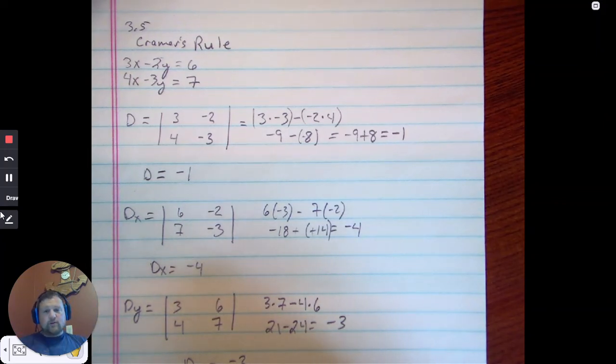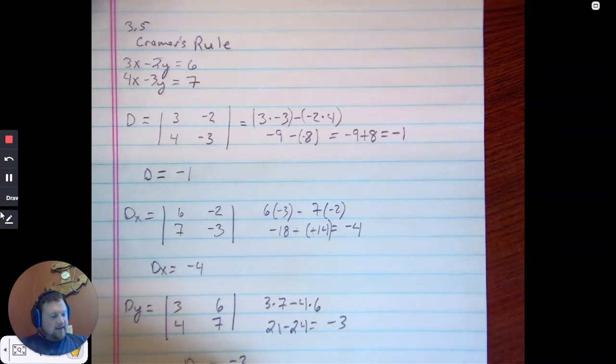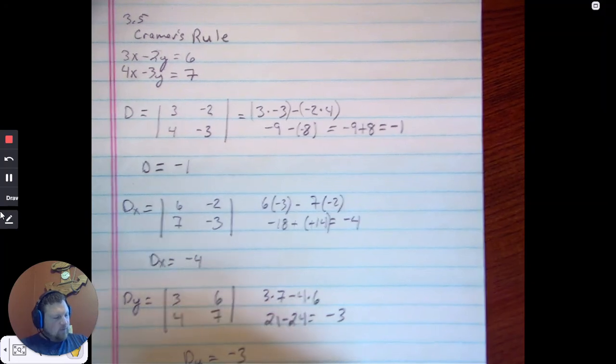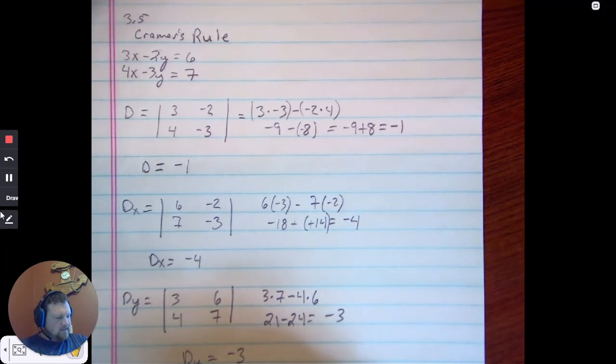Now, one of the cool things with Cramer's rule is we've solved our equation essentially without even realizing it already. That's because Cramer's rule states that our x value is just going to be d of x over d, and our y is going to simply equal d of y over d.